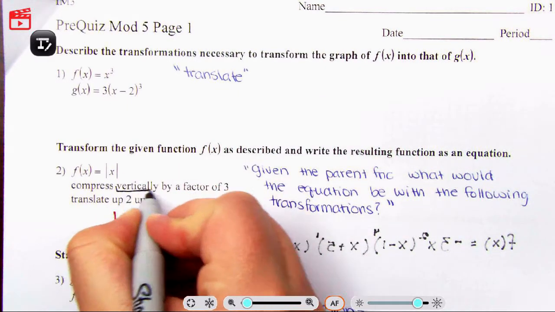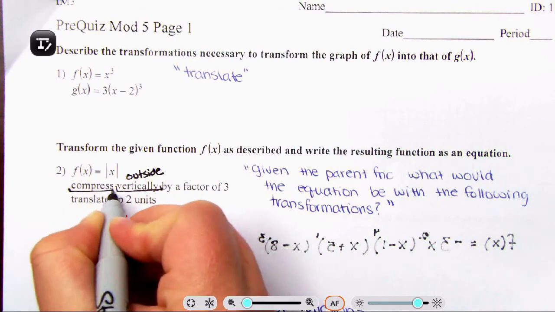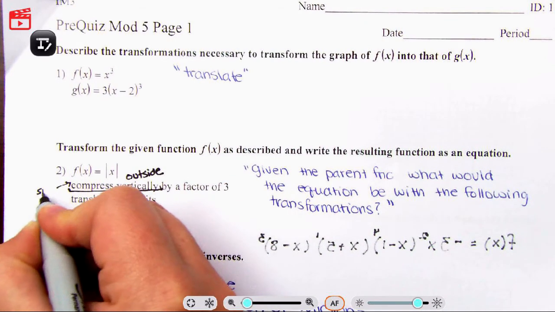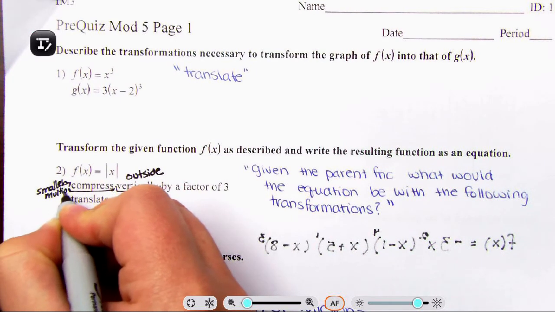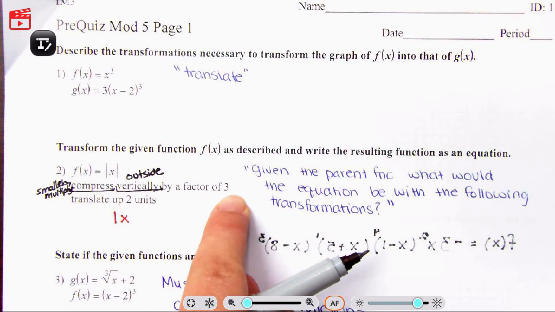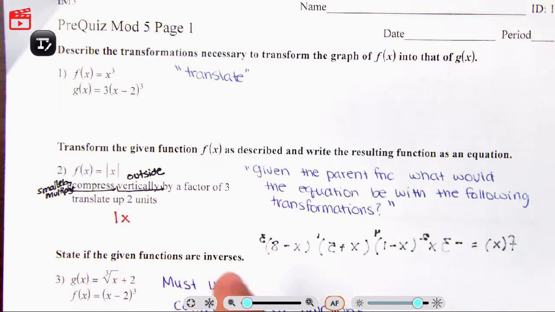Vertically is outside the bubble. Compress means that it's getting smaller, and it also means that you're going to multiply outside the bubble by a factor of 3. Now be careful, because if we are going to be compressing, outside the bubble we kind of have to do the opposite.